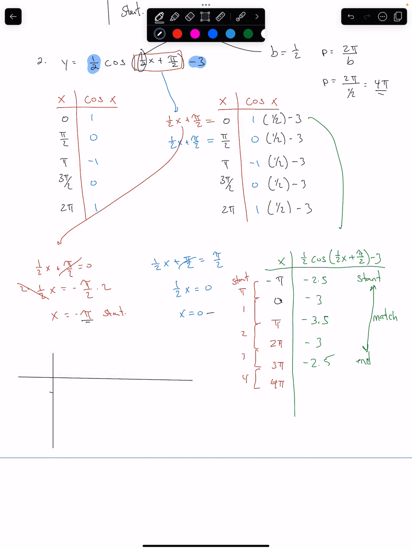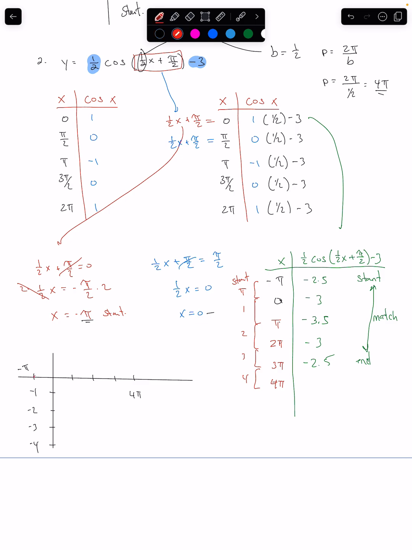Okay, so I got negative 1, negative 2, negative 3, negative 4. Okay, and I'm going to start at negative pi, 0, pi, 2 pi, 3 pi, 4 pi. I'm going to stop at 4 pi.